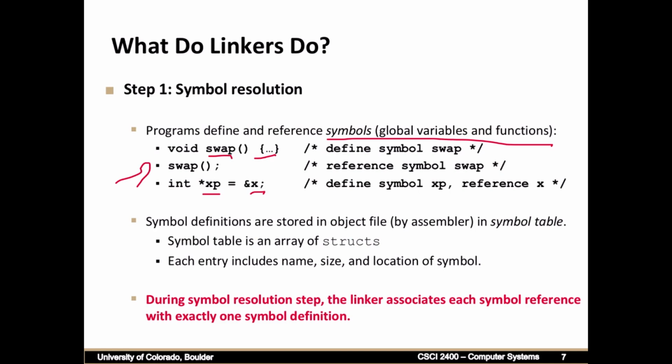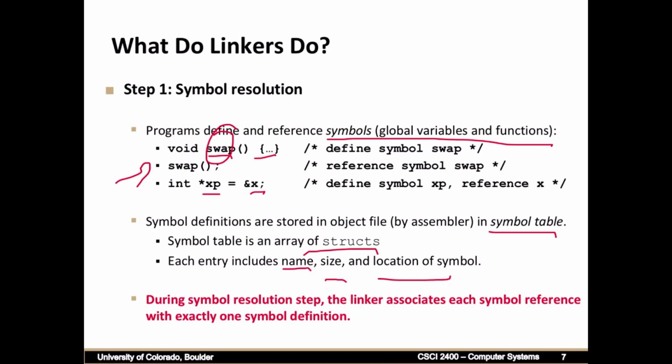Symbol definitions are stored in the object file, and they're placed there by the assembler in something called the symbol table. The symbol table is an array of structs of organized data about the individual symbols. They include things such as the name, the size, and the location of the symbol. The name is pretty obvious; for swap, we would include swap.